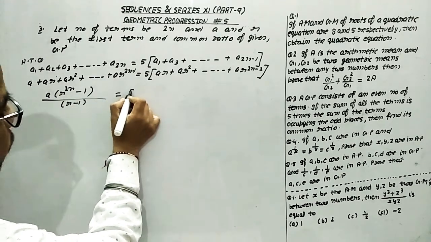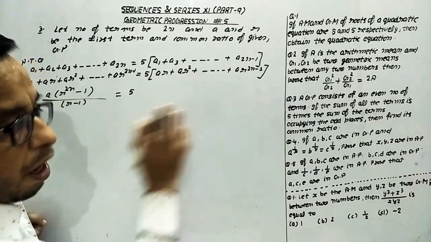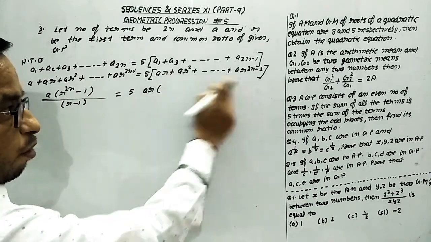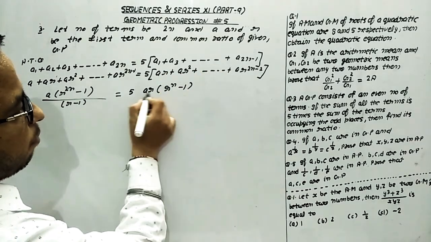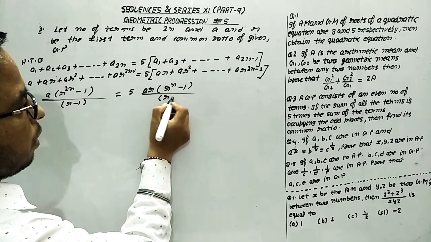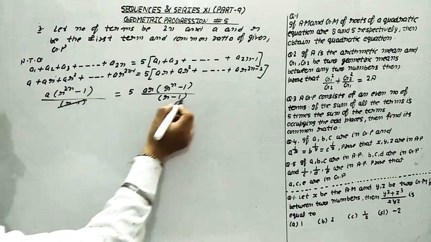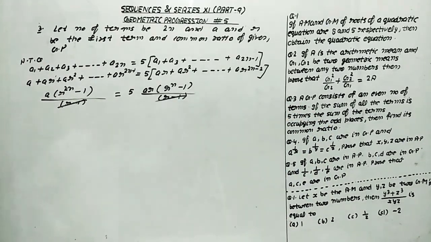For this part, multiplied by 5, what is the first term? A. And what is the common ratio? R square. The total number of terms here is n only. It means (R raised to power n minus 1) upon R minus 1. This term cancels out by this thing. In this part we have to find out the common ratio.